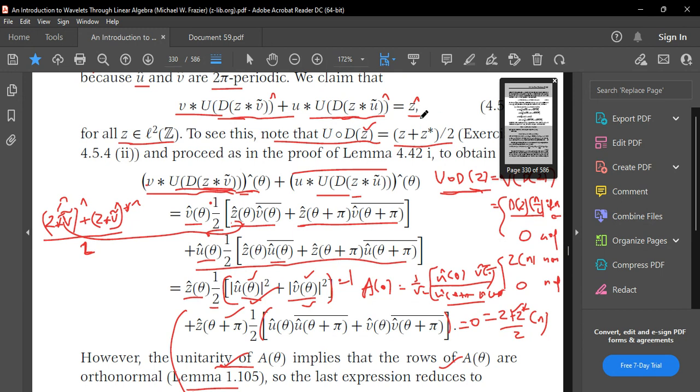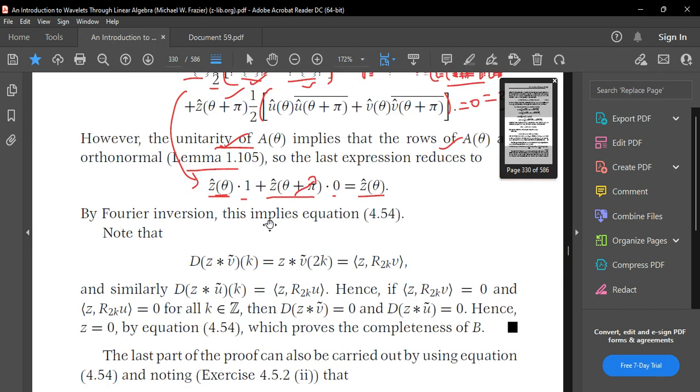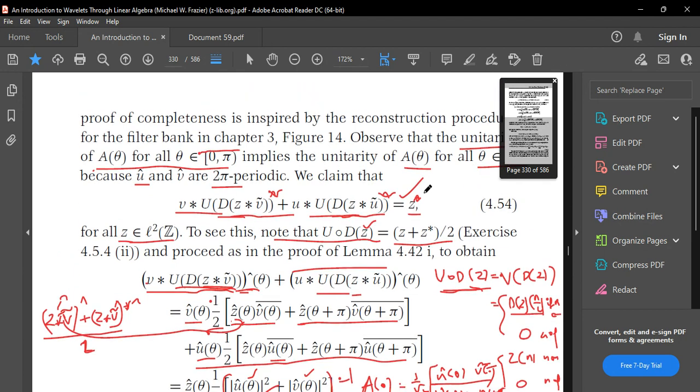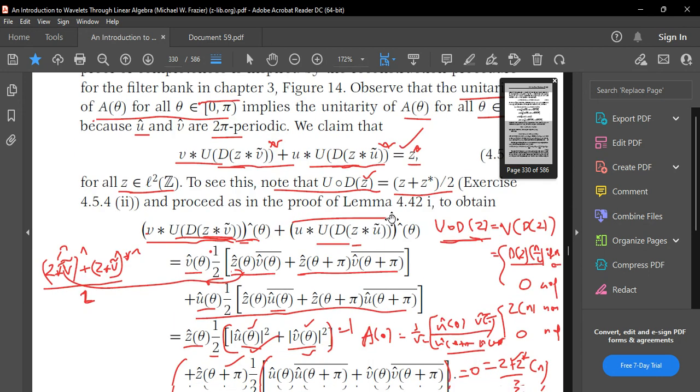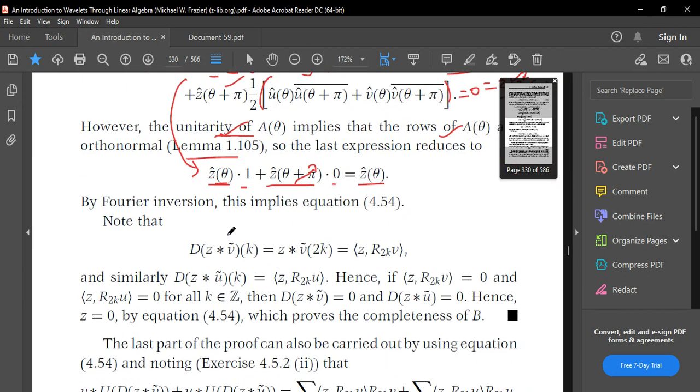Take Fourier inversion. This cap will be gone and inverted, and we will get this equation as true, 4.54 as true.